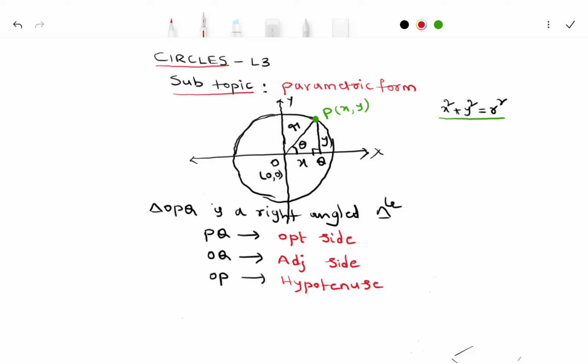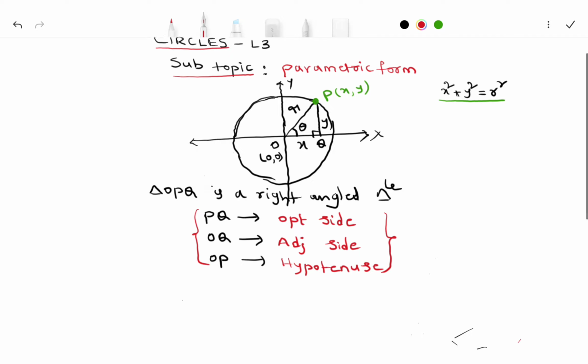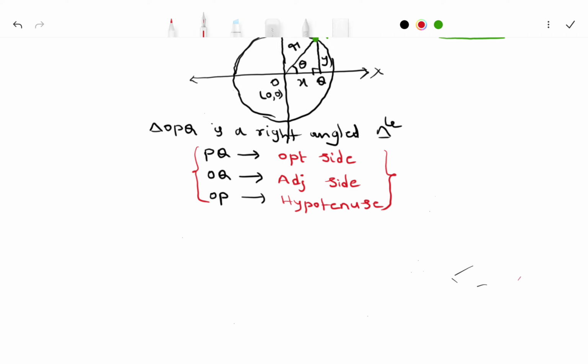So here, as in the lower classes, to find any side we will use the trigonometric ratios. So first, what is the cos theta value? Cos ratio, you know, is adjacent by hypotenuse.